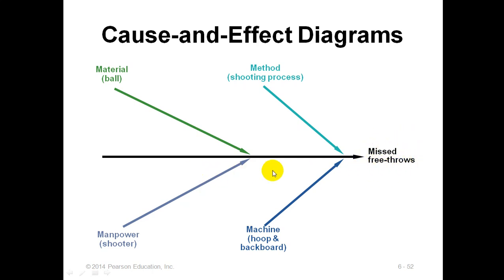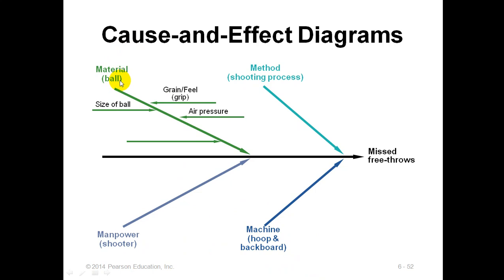I wanted to check what the causes of this problem are. Where is the issue? What is the root cause? Maybe the material is not good, maybe the method, the shooting process, is not good, maybe there is an issue with the manpower, maybe the machine, the hoop and backboard, is not good. So I'll see in detail.